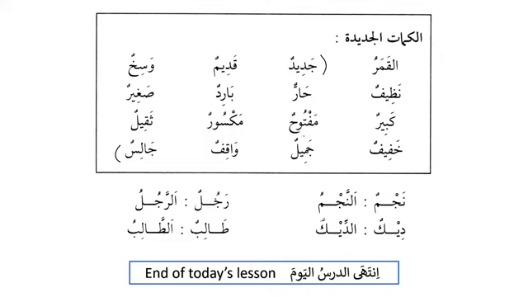Okay, this pattern, maf'ulun, as of now you just need to remember that this pattern gives the meaning of passive. For example, we have maftuhun, maksurun, ma'budun, masjudun, maqtulun. Anything that the action was performed on comes on this pattern. So please remember that the pattern is maf'ulun.